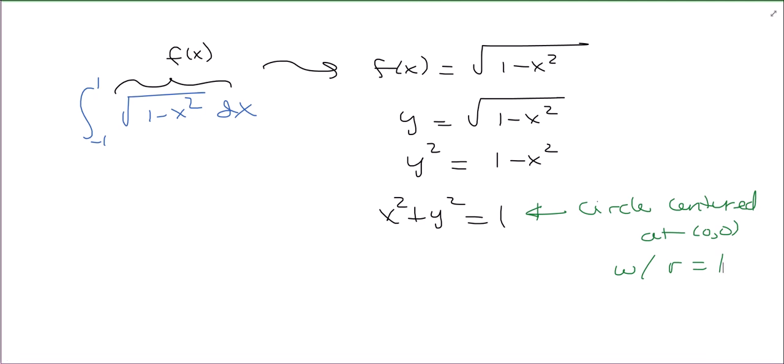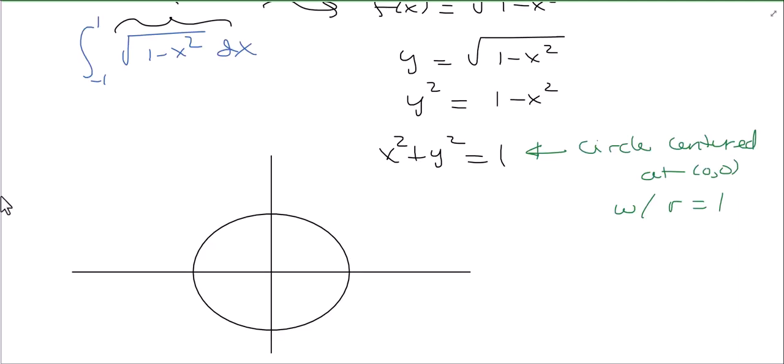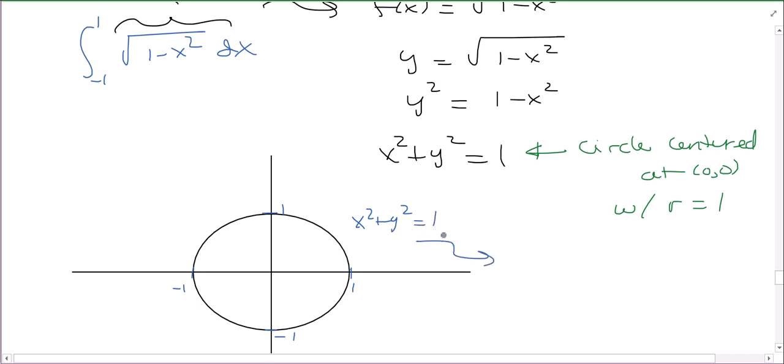So let's graph what that looks like. If I graph my circle here with a radius of 1, that means this is 1, this is negative 1, that's 1, and this is negative 1, and this is x squared plus y squared equals 1. Now the problem is that if you solve again for y, you get y squared equals 1 minus x squared, and then y equals plus or minus, you have to take the square root of both sides.